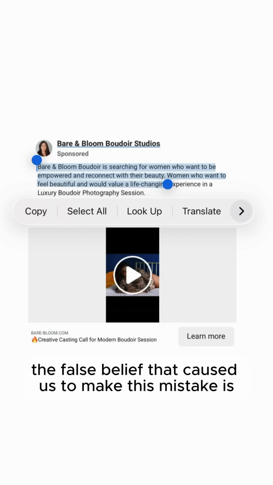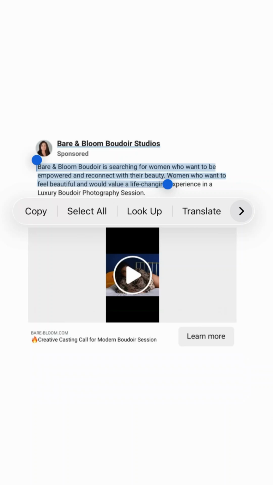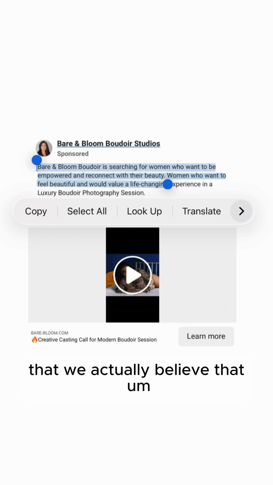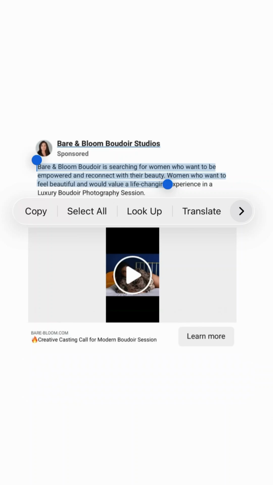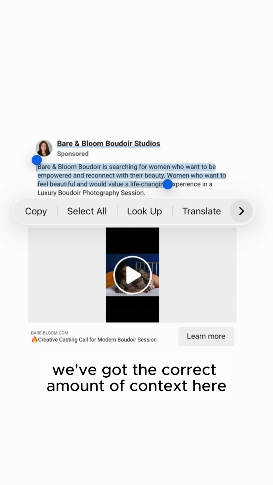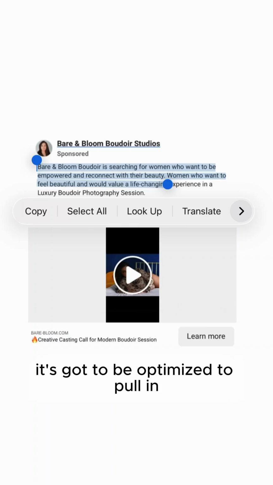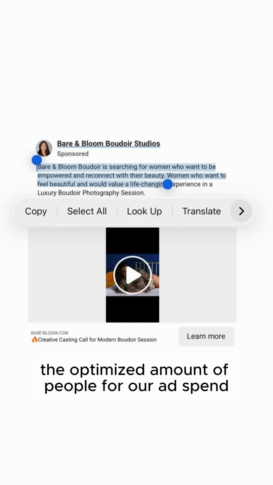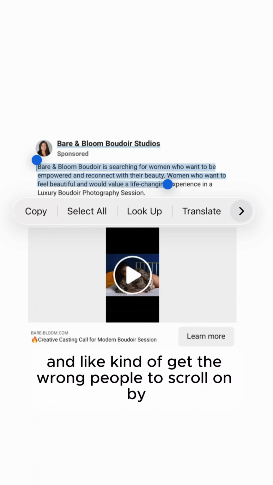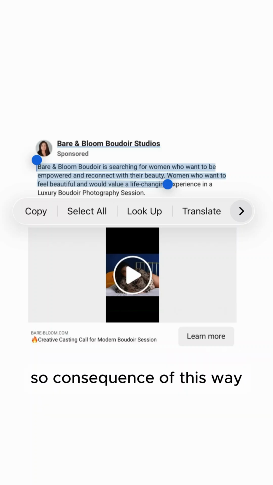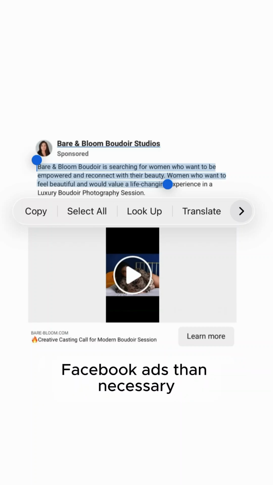The false belief that caused us to make this mistake is that we actually believe we've got the correct amount of context here. It's got to be optimized to pull in the optimized amount of people for our ad spend and get the wrong people to scroll on by. So, consequence of this, way more people are going to be scrolling by our Boudoir Facebook ads than necessary.